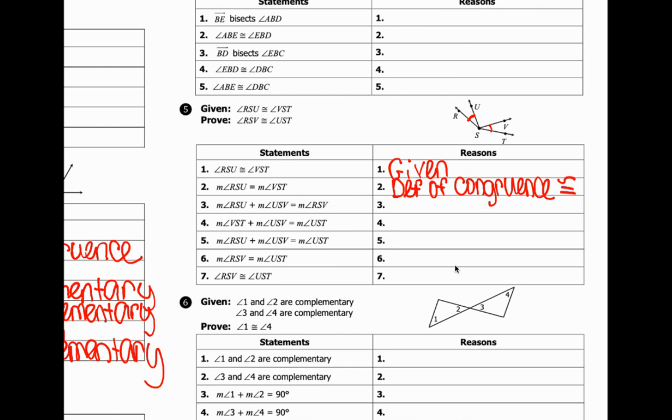Then they said, all right, well, I know RSU plus USV equals the entire angle RSV. So adding the two together equals the sum of the two pieces, so that's angle addition.